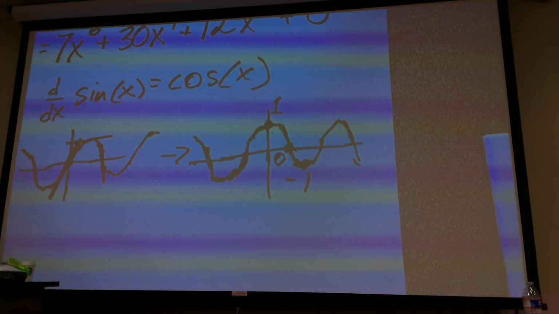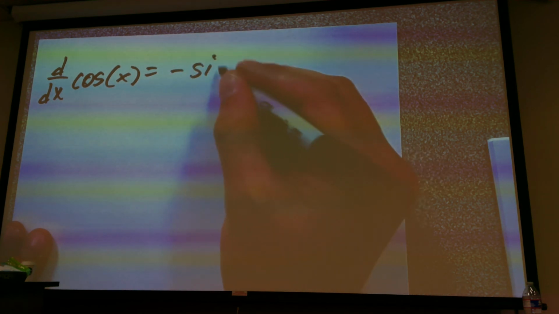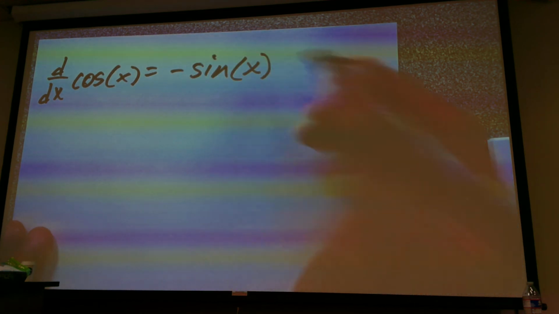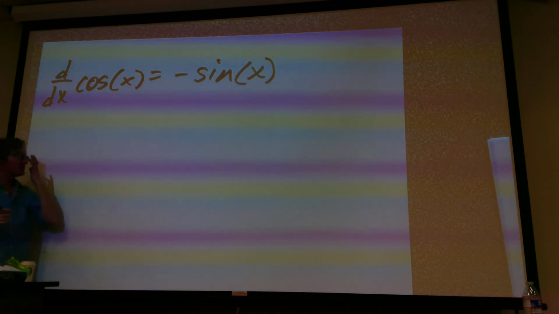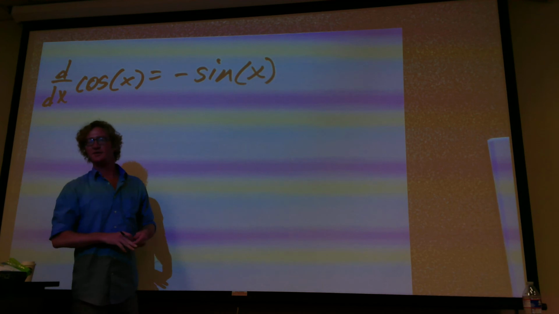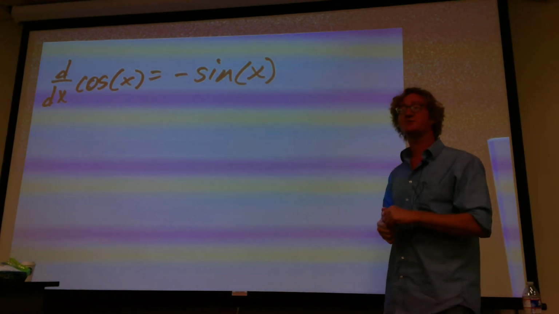So, let's go through the other ones. Okay, so we have the derivative of sine. We have to consider, well, what would the derivative of cosine be? It would be negative sine. Okay, so we have the derivatives of sine and cosine. Now the other ones you really need to consider are secant, tangent, cotangent, and cosecant.